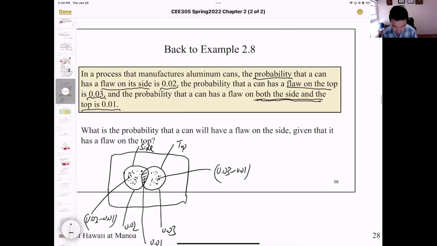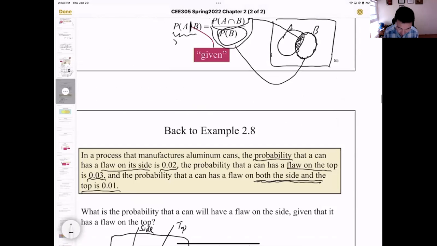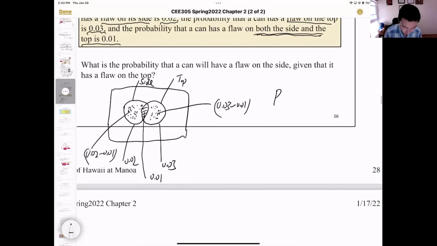Or we can use the equation, P(A given B). The question is asking: what is the probability that a can will have a flaw on the side, given that it has a flaw on the top?